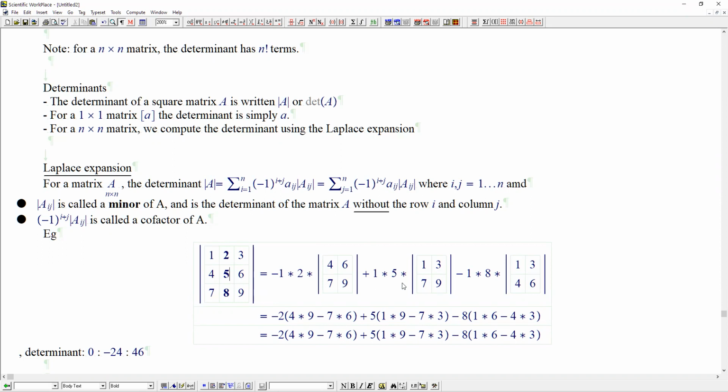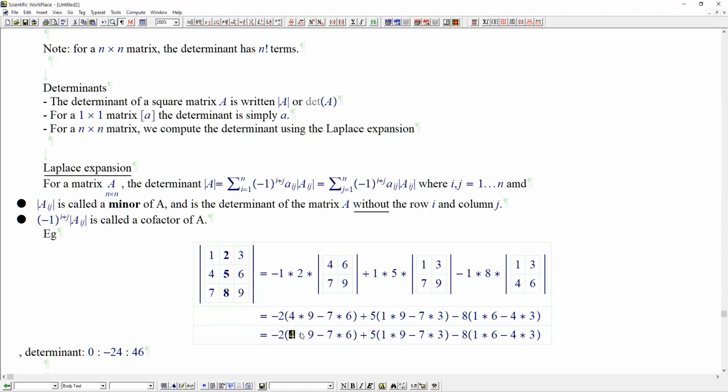So +5 times (1 times 9 minus 7 times 3) minus 8 times (1 times 6 minus 4 times 3). It looks like there's no mistake, but what am I missing there? No, it's equal. I can proceed this way or that way, for instance.